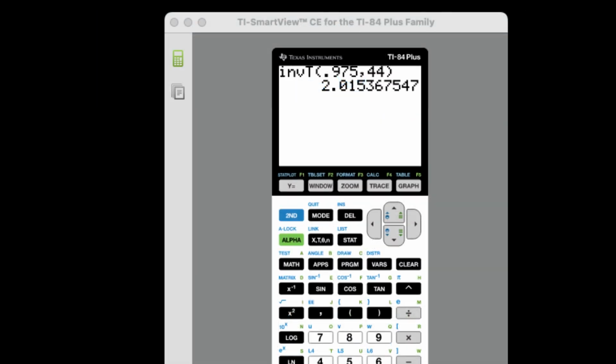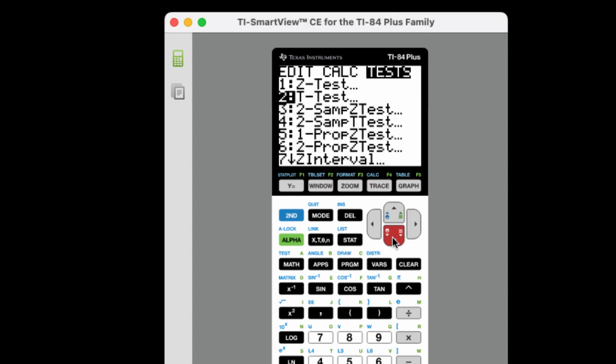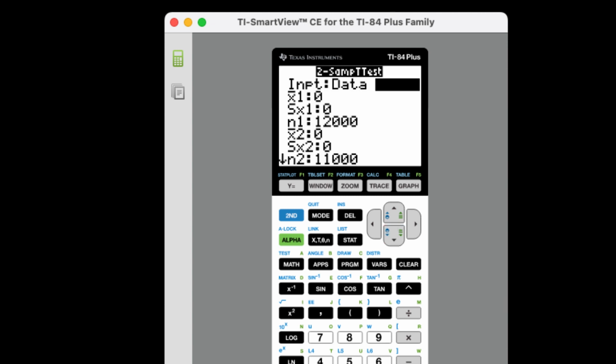So enter that sample information. What do you do? Stat, test, two sample t-test. Are you ready to enter this? Here we go. What's the first sample mean? 24.8. What's the first sample standard deviation? 3.6. Good. First sample size? 45.